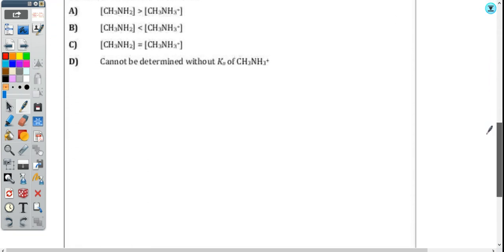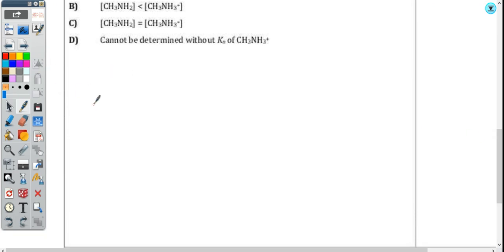When I'm writing a net ionic equation, I've got my weak base, the methylamine, and I'm adding strong acid, HBr. Now, this one for me is the most challenging acid-base neutralization reaction to write because I'm typically looking for the formation of water and a salt. But I'm not really going to get that here.